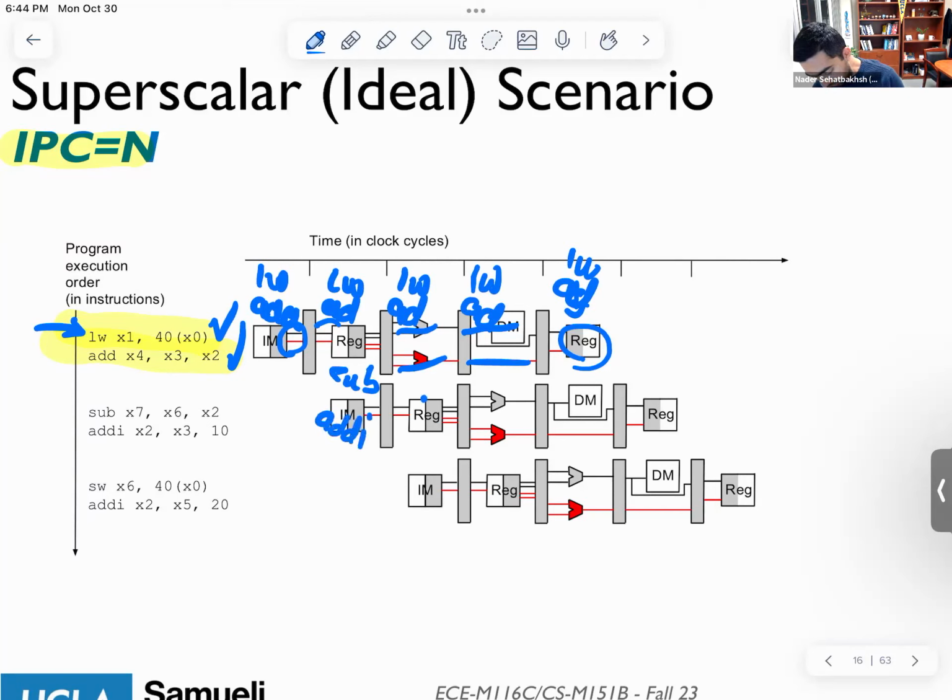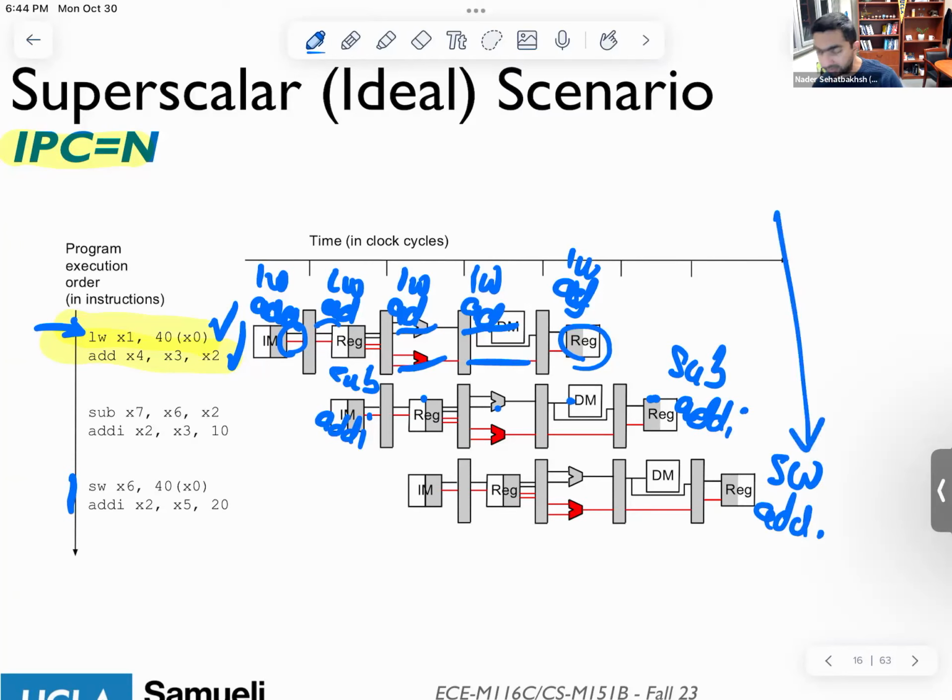Basically this goes here, here, here, here. So at this point we have the sub and add-I. And the same story for these two, store word and add-I. So at the end of this cycle, I'm actually finishing all 6 instructions. As you can see, this is twice as fast as if I had just one instruction at a time. And this is, of course, the ideal scenario.